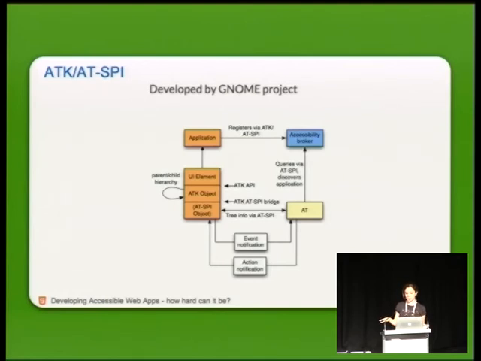Applications register with that daemon, the assistive technology then goes to the broker and says, what are the applications that are running? Then it can go talk to the application and get its accessibility hierarchy. So this ATK object has this parent-child hierarchy idea. So it can get the hierarchy, get notified when things change, when events happen, and also send notifications of user actions that happen via the assistive technology.